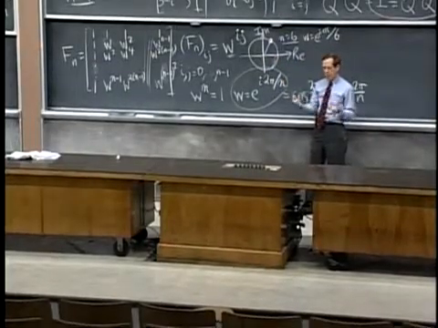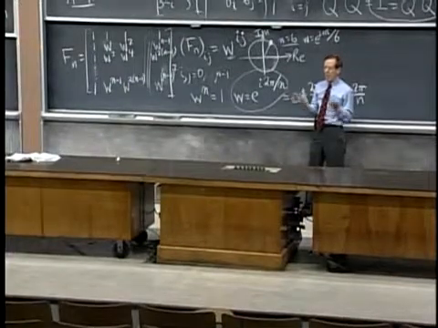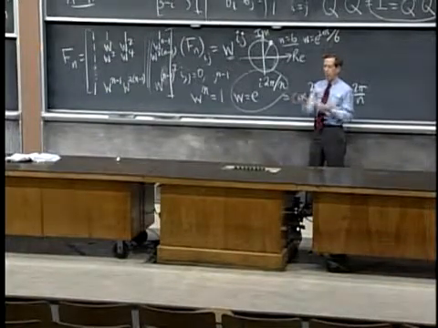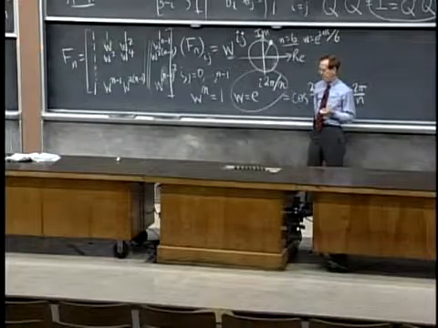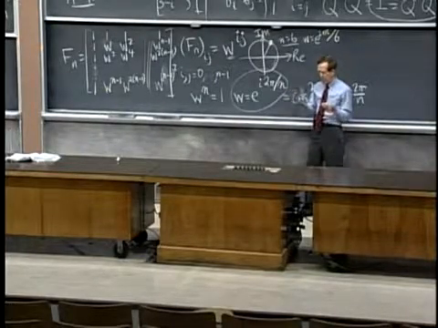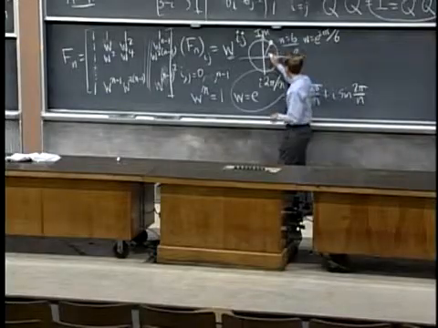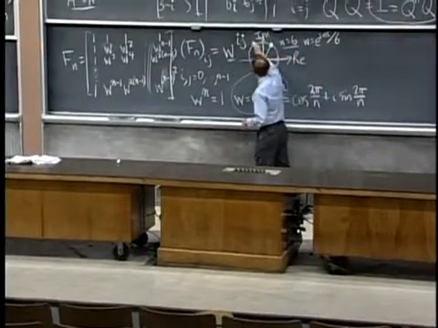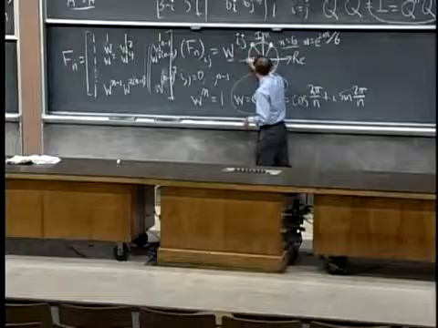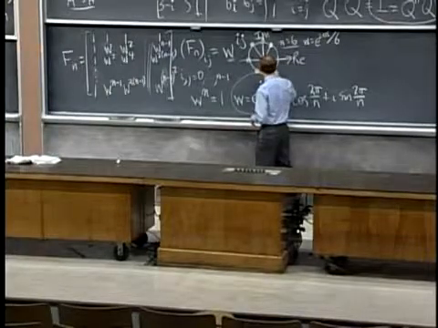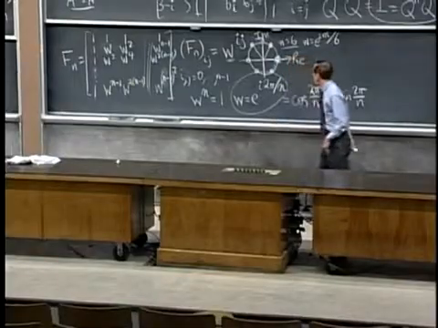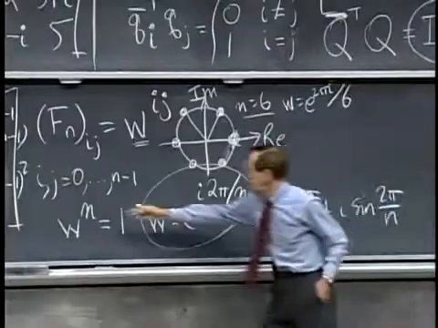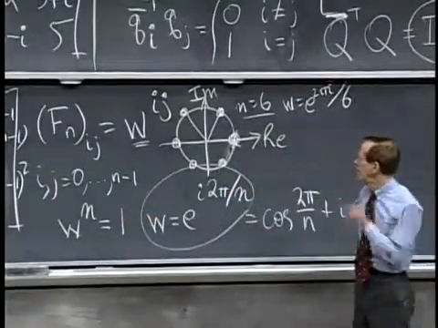Because when I square a complex number, I square its absolute value, which gives me 1 again. All the powers are on the unit circle. And the angle gets doubled to 120, so there's w squared, there's w cubed, there's w to the 4th, there's w to the 5th, and there is w to the 6th. As we hoped, w to the 6th coming back to 1.